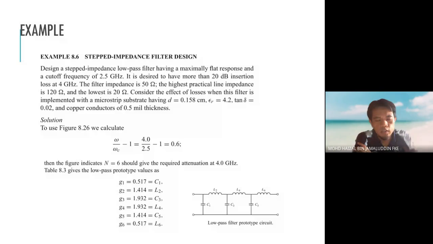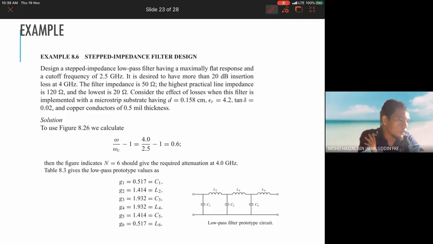As usual, in order to solve the problem, the first step is to determine the order of the filter. So what is n? We have learned from the previous videos there are two ways to get n: either we use the formula or we use the graph.